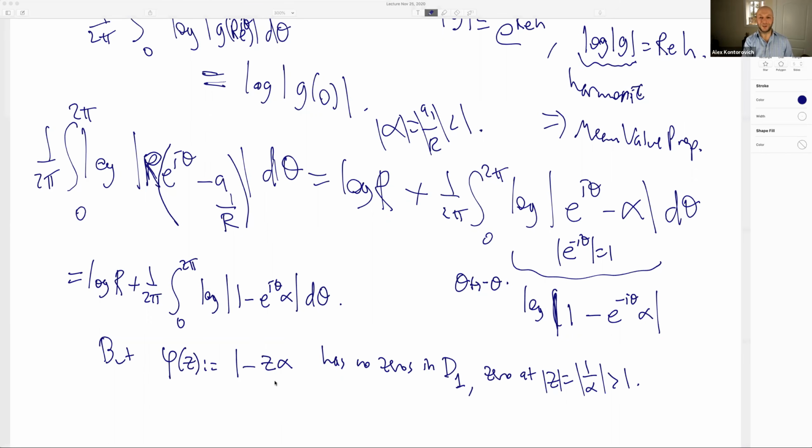So this function has no zeros, so there exists a log. There exists a subfunction psi, which is log phi, on the disk of radius 1 and a little bit around it. And therefore log of absolute value phi is the real part of psi, same as before.